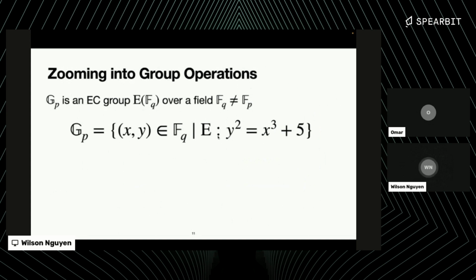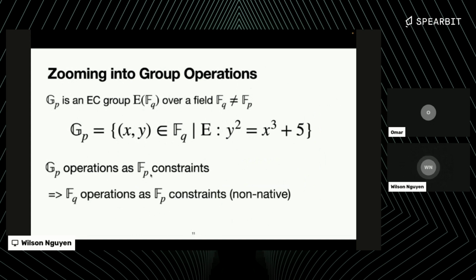Now, an elliptic curve group, each element consists of a pair of field elements over F_q, such that they satisfy some elliptic curve equation. Now, in order to express these group operations as constraints over the original scalar field, we'll have to express these F_q operations, or the base field operations, as F_p constraints.